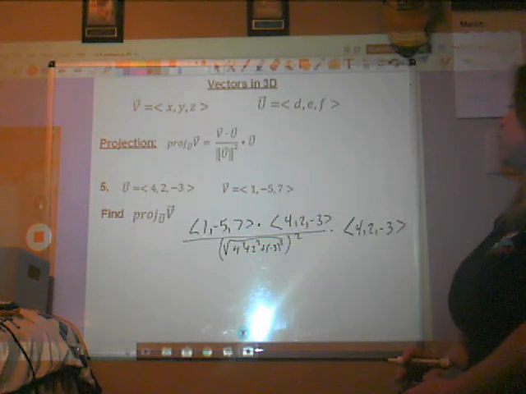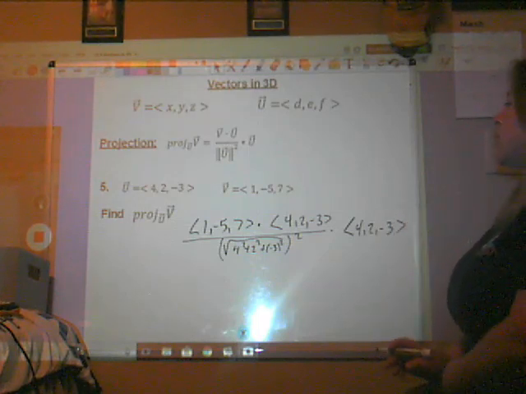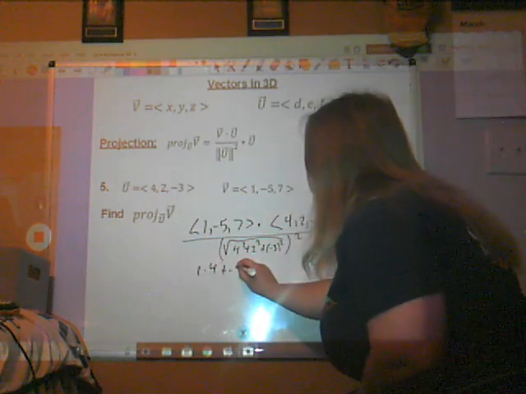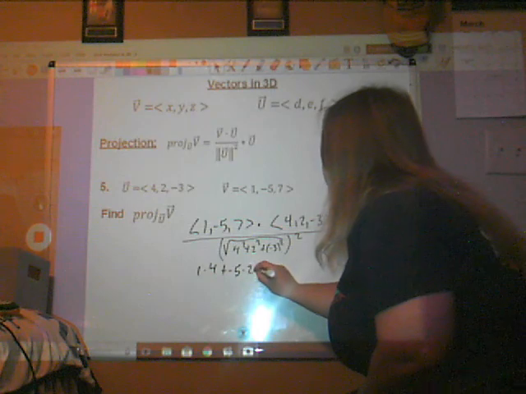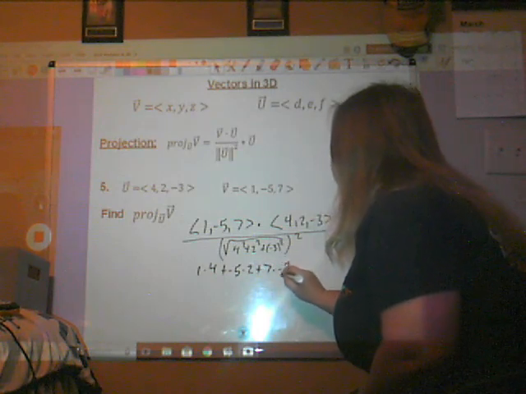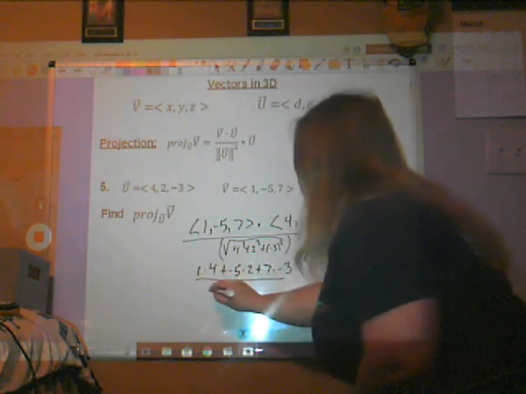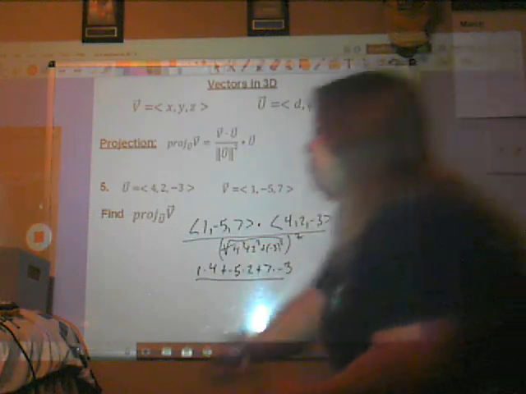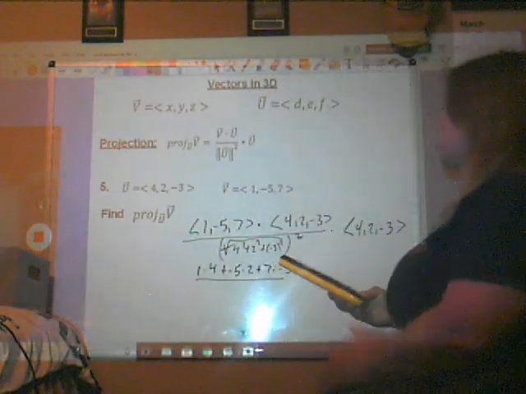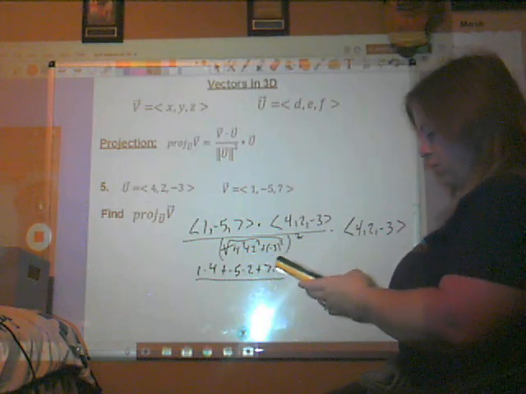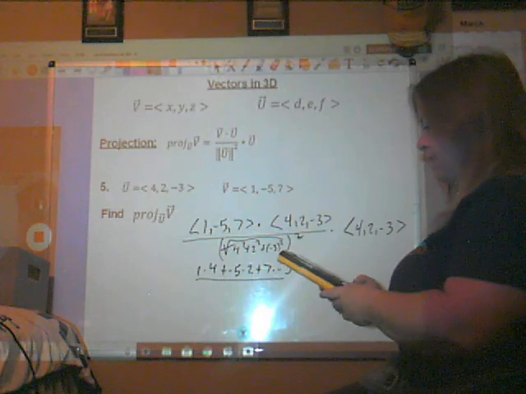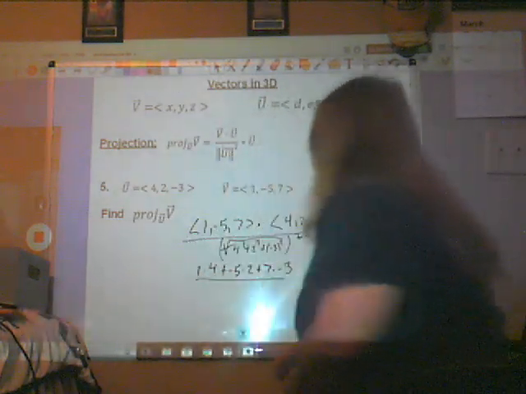Okay? So I want to do the dot product on top. So I do 1 times 4 plus -5 times 2 plus 7 times -3. All over, the square root and squared cancel, and I'm going to do 4 squared plus 2 squared plus -3 squared, which is 29.